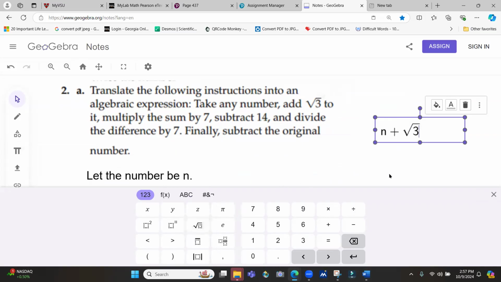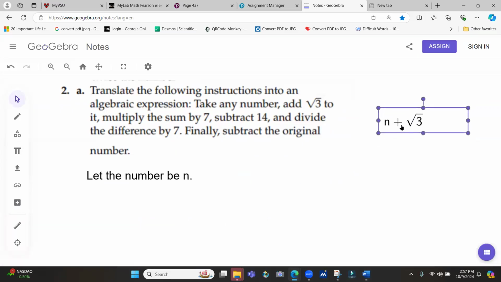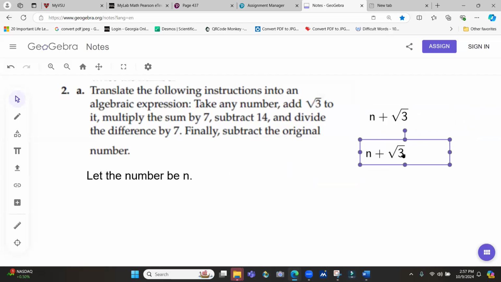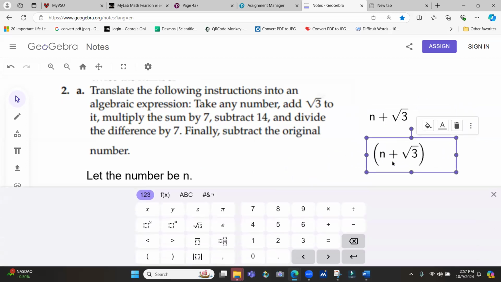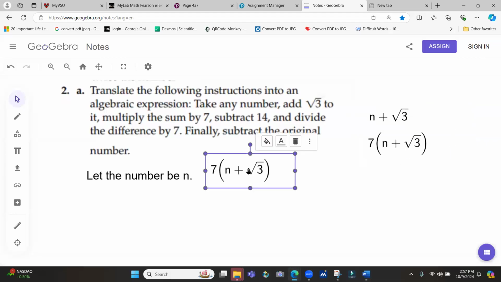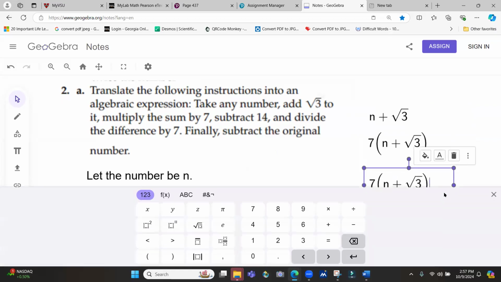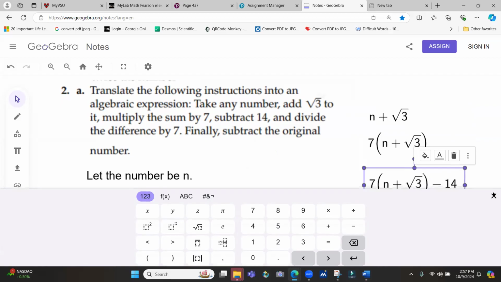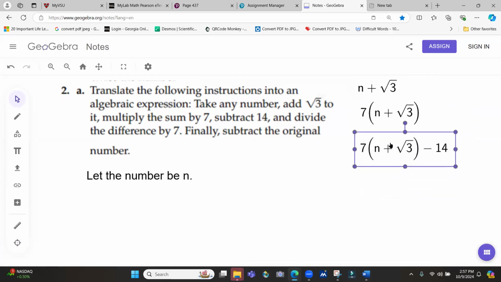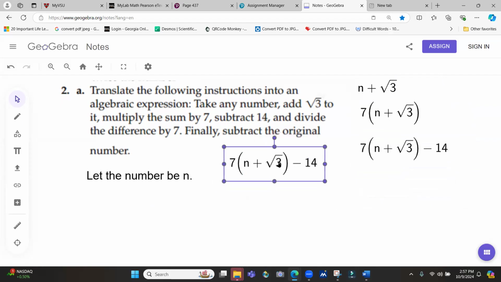Then I'm going to multiply the sum, meaning the whole current number, by 7. Then I'm going to subtract 14. And then I'm going to divide this whole expression by 2.